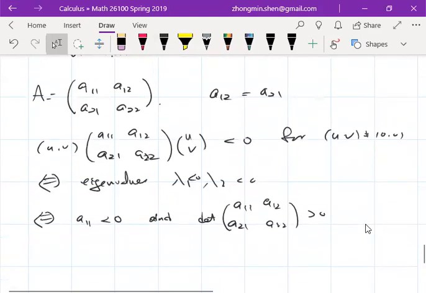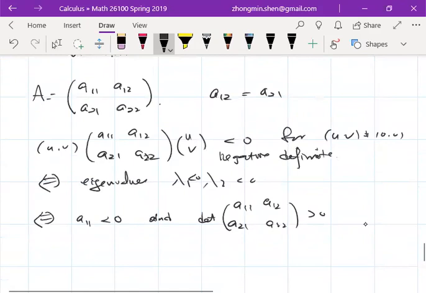This is a review of Math 171. The matrix is called negative definite.